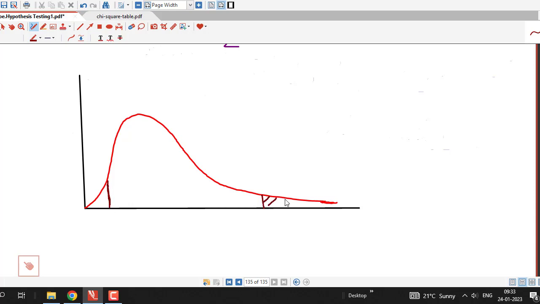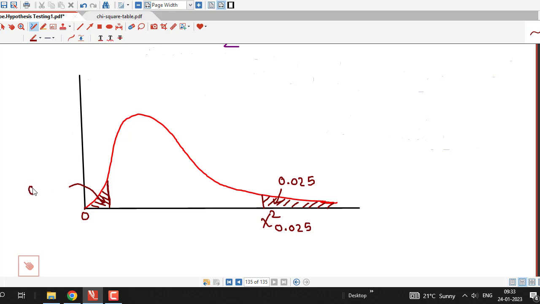Suppose this much area is 0.025, and the value of chi-square random variable is always non-negative. This is going to be chi-square 0.025, because we are considering area to the right side of this point as 0.025.